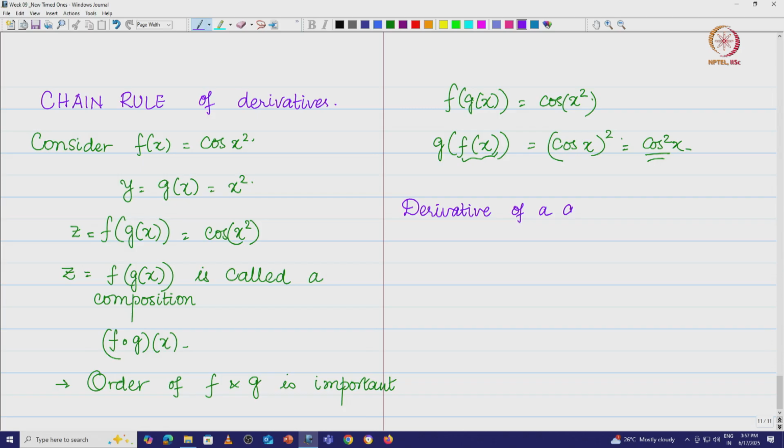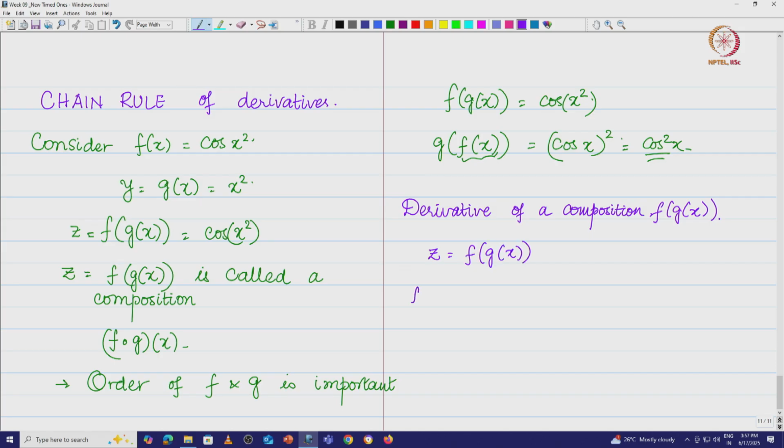Derivative of a composition. Let us say f of g of x. Let us say z is equal to f of g of x.